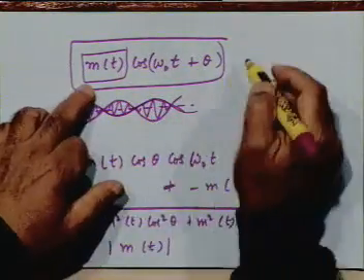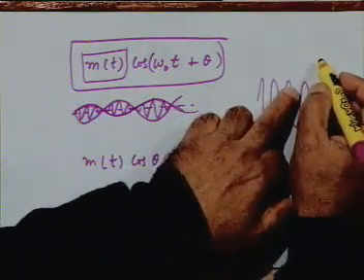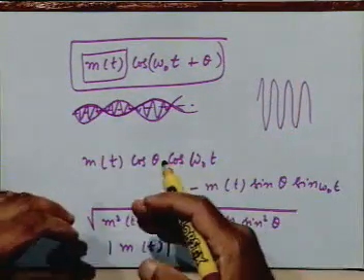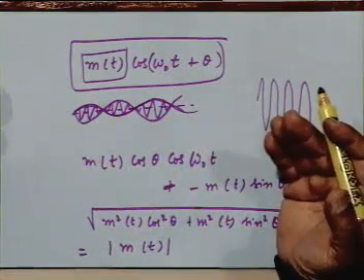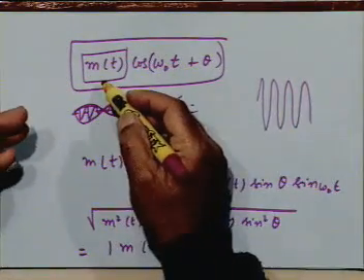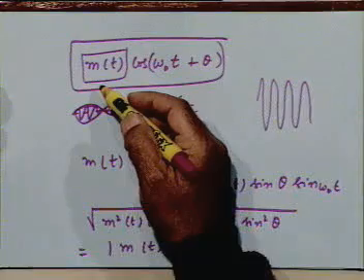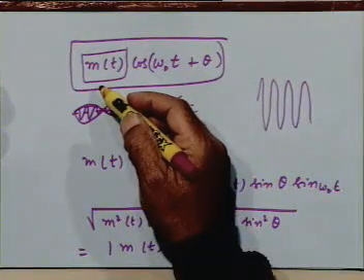So I'm not saying this is equal to mod of m(t) cosine omega naught t plus theta. But to visualize it, I'm asking, what is the amplitude of the signal at time t? The answer is, the amplitude is whatever is the magnitude of m(t). Amplitude has only one significance, you have to appreciate.